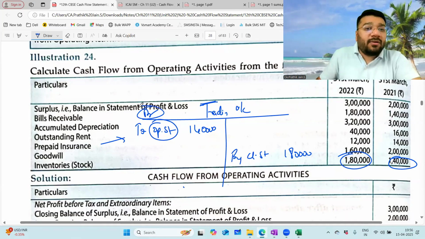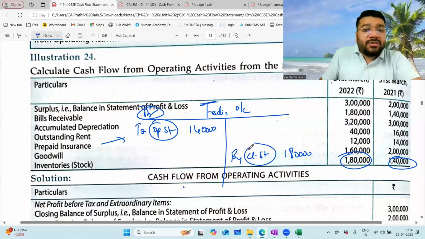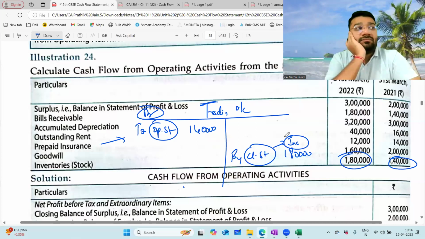In the debit, income, opening stock. Just a guess. Expense. Closing stock, nature. Okay, why is this income? Anything you can think of?